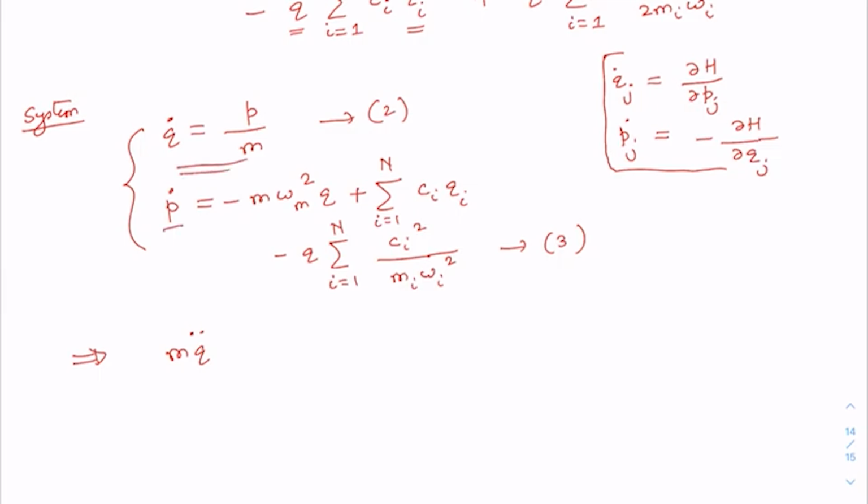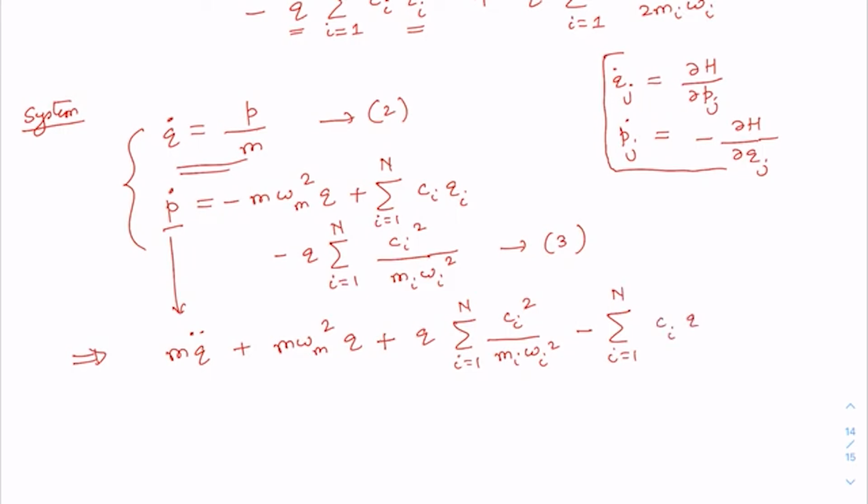From here I can write p dot as m q double dot, and this would be m q double dot plus m omega_m square q plus q summation ci square by mi omega_i square, i is equal to 1 to n, and you have minus summation i is equal to 1 to n ci qi is equal to 0.